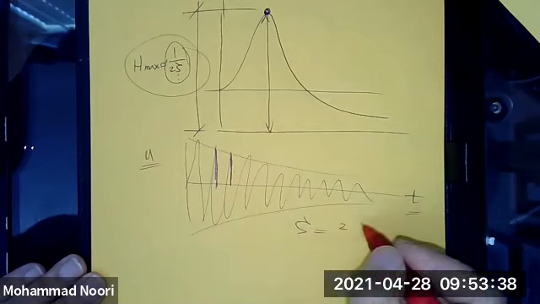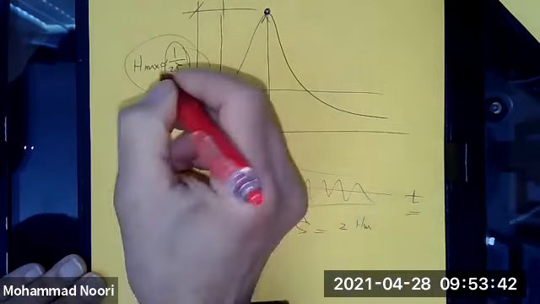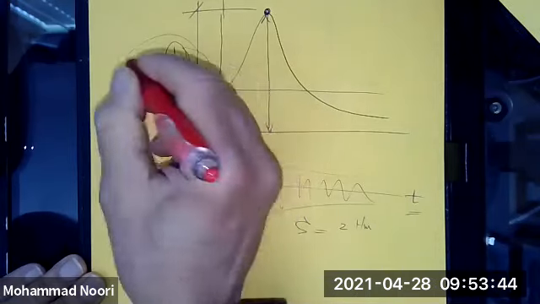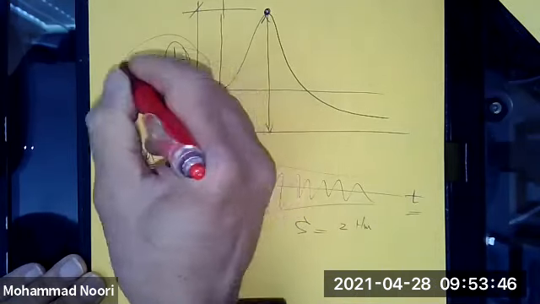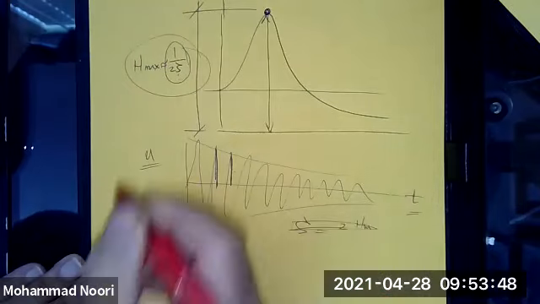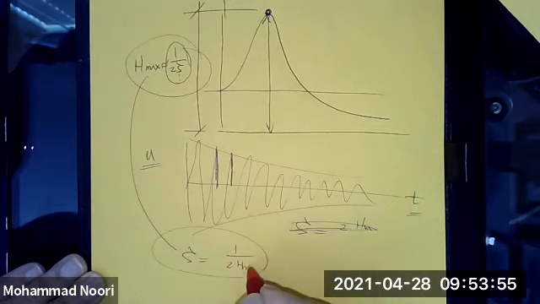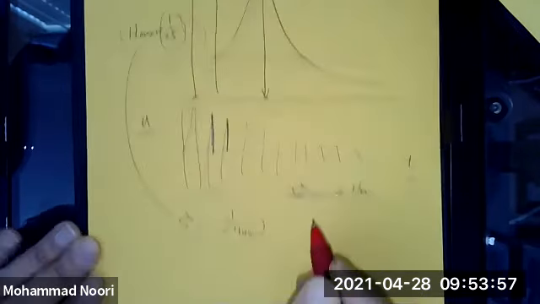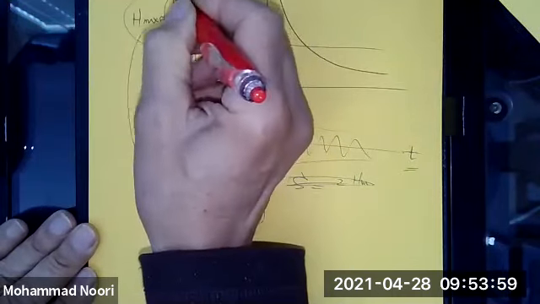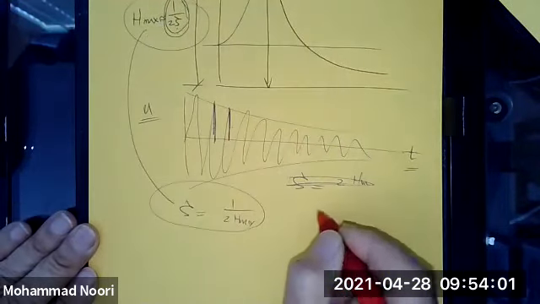Damping ratio from here is 1 over 2H max. In practice, we call this maximum value Q.